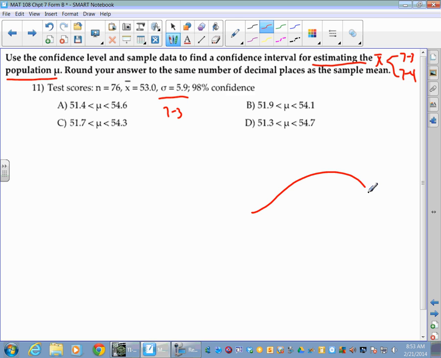So how do you find your confidence interval? What button are you going to use to find it? Remember, you're looking for these numbers right over here.